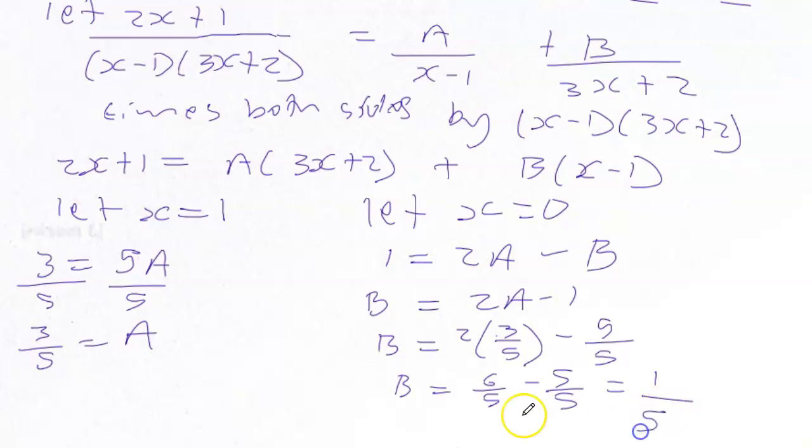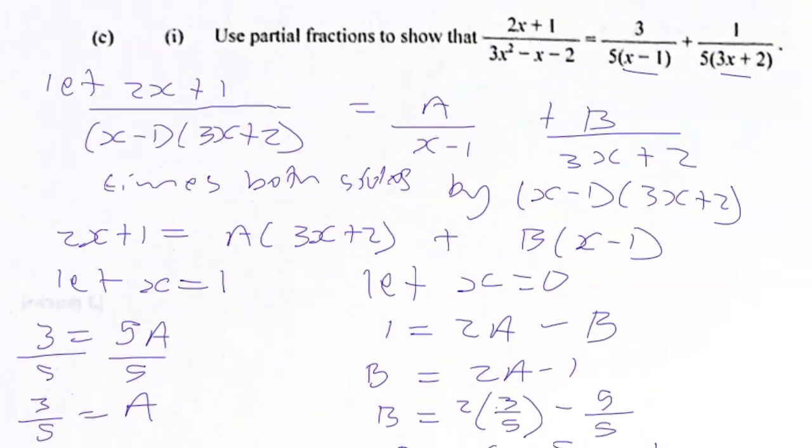Since denominators are the same, we can just subtract the numerators. So that's 1/5. So A is 3/5 and B is 1/5. So it makes sense. Therefore, replace A with 3/5 and replace the B with 1/5. So we have just completed the proof.